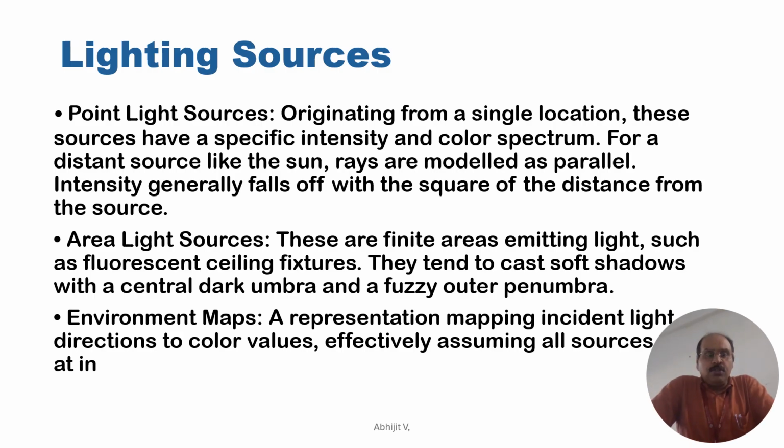Okay, so a point light source has specific intensity and color spectrum. For a distant source, for example, I told you about sun, rays are modeled as parallel. From all the angles you get the light.